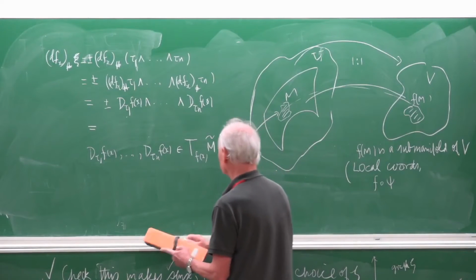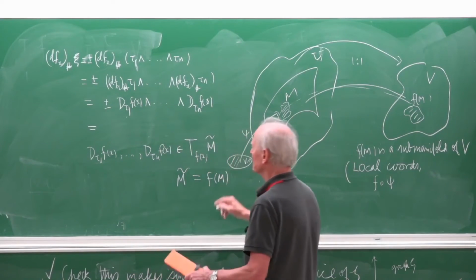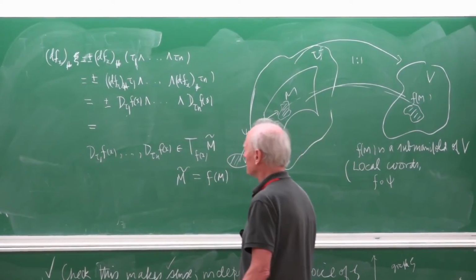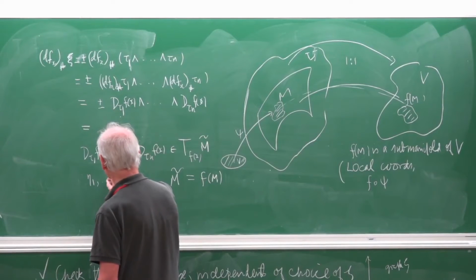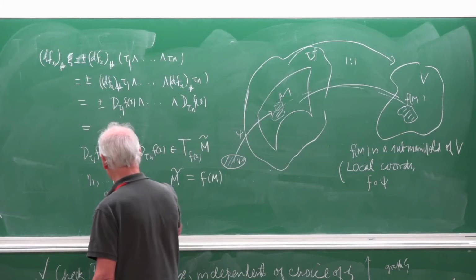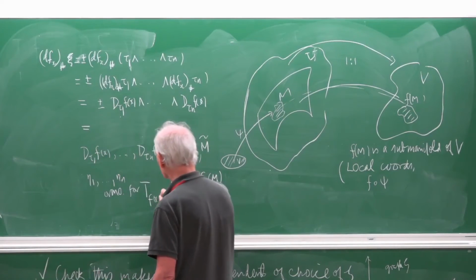So they're tangent vectors. And take an orthonormal basis for the tangent space at that image point. So eta 1 to eta n will be orthonormal for the tangent space at the image point, f of x.